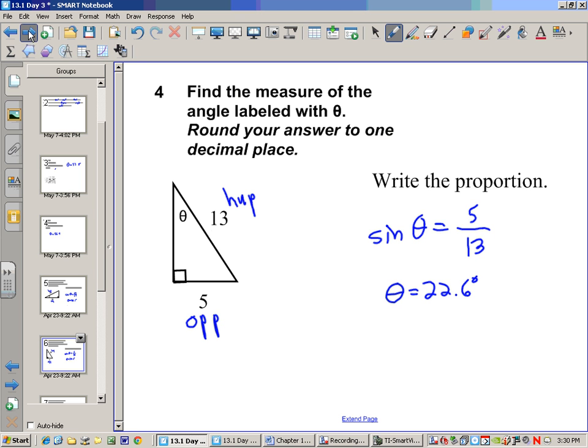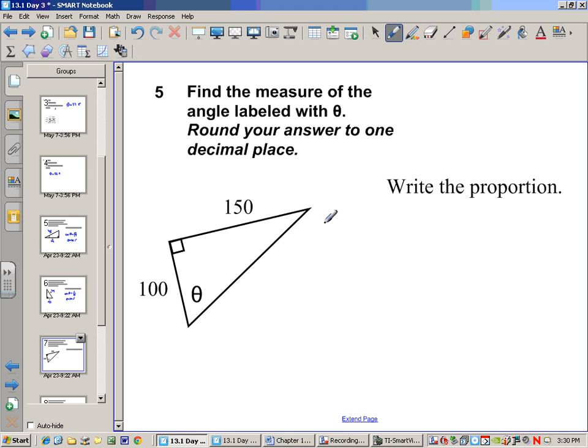All right. I want you to try this one, see how you do. Pause the video. All right, hopefully you're done. This side is the adjacent side, and this side is the opposite side. Opposite over adjacent is tangent. So tangent of theta is 150 over 100.